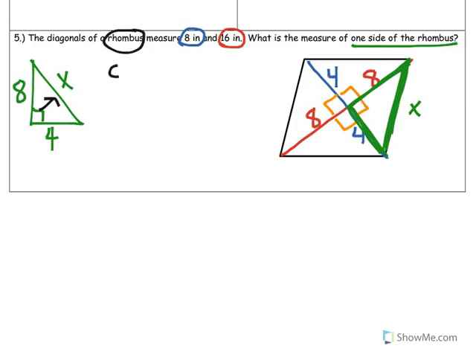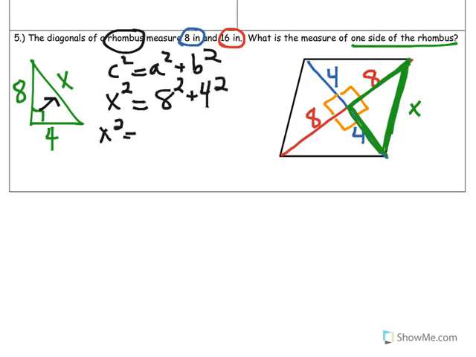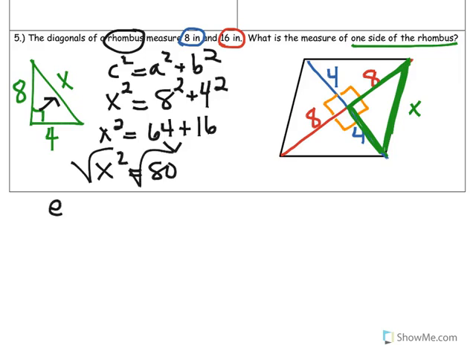So we can use the Pythagorean theorem. I can say c squared equals a squared plus b squared. C is x. X squared equals 8 squared plus 4 squared. X squared equals 64 plus 16. Add these two together. 64 plus 16, I get x squared equals, I think that's 80. Take the square root. And remember, we have 2 answers.